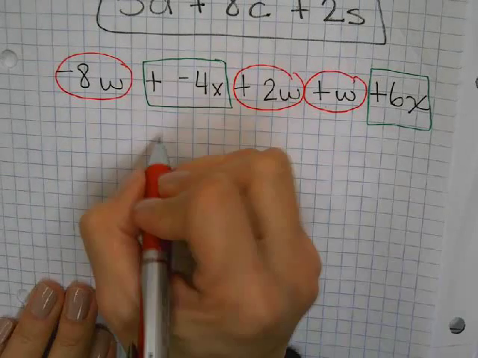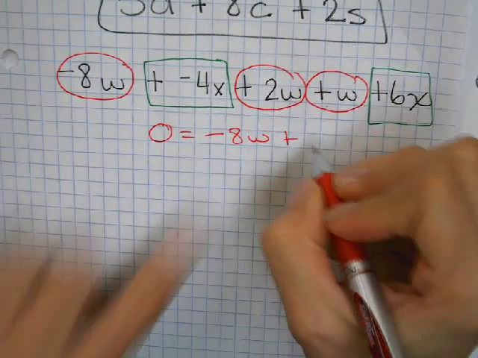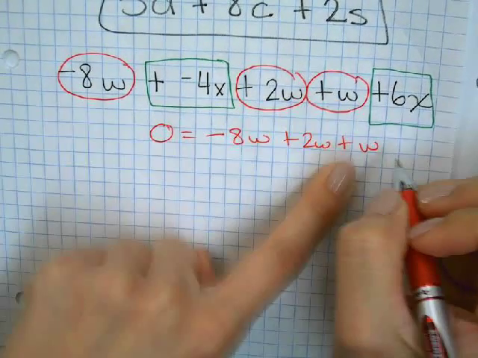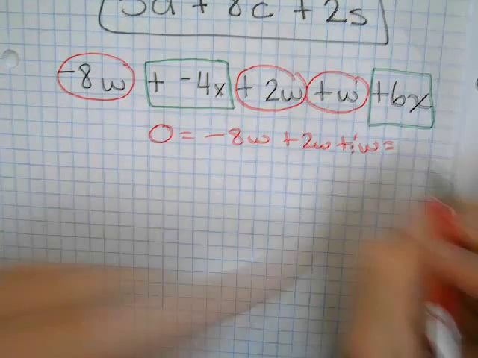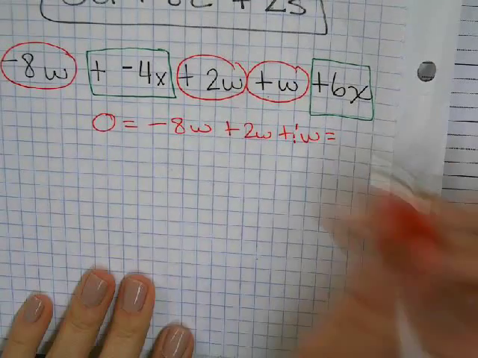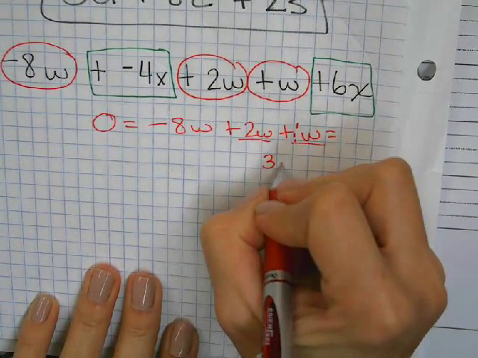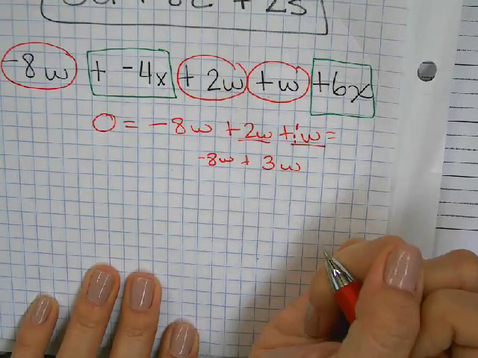So, the circles: negative 8W plus 2W plus W. What's in front of this W that's invisible? 1. Okay? So there's some negatives, right? So what if I put the two positives together? What do I get? 3W plus negative 8W.